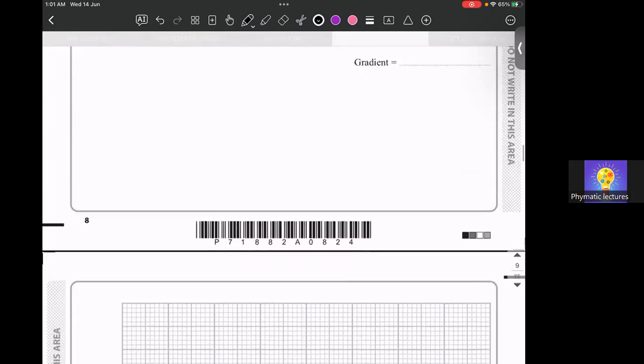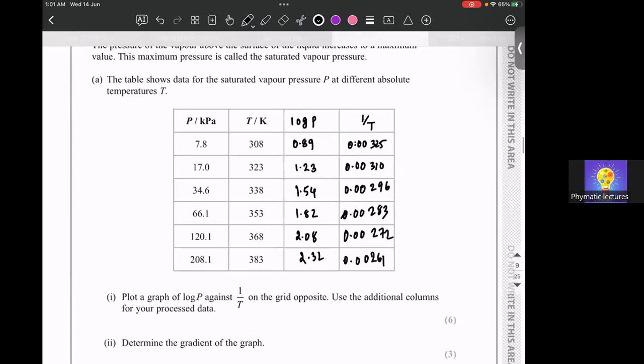Then the 1 by T values we can take. This is actually 0.00325. This value we can rewrite as 3.25 into 10 to the power of minus 3. This we can write as 3.10 into 10 to the power of minus 3.